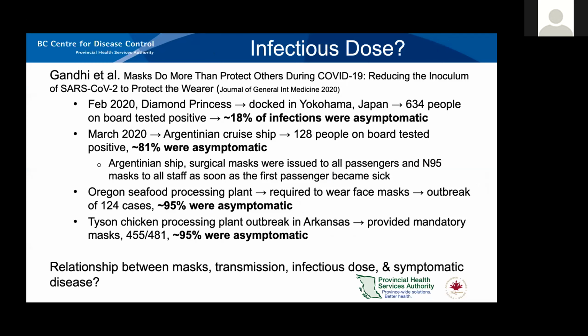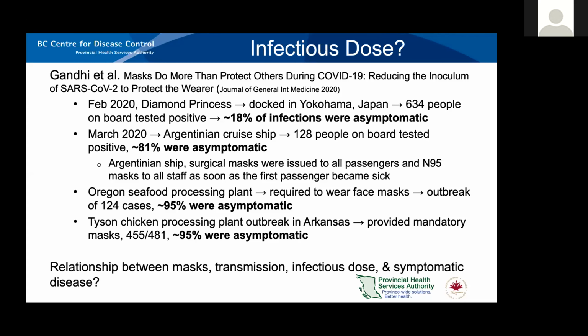So this is a very interesting paper by Gandhi, recently published in the Journal of Internal Medicine, and it talks about infectious dose. The notion here is masks do more than protect others during COVID because they reduce the inoculum of the virus, and that likely protects the wearer. It reports data from the Diamond Princess, which was docked in Japan, 634 people.